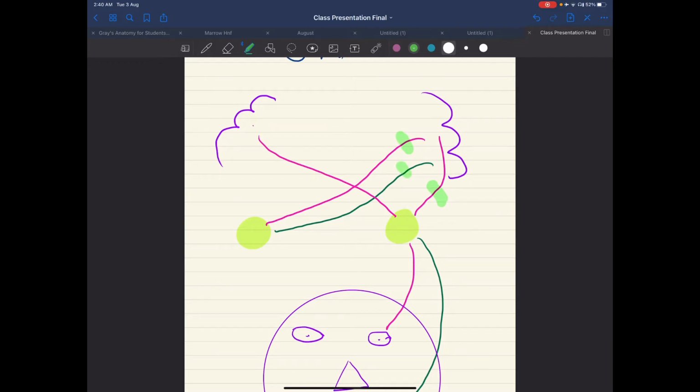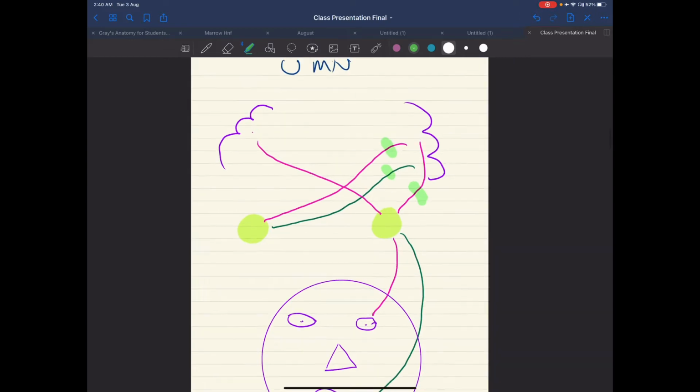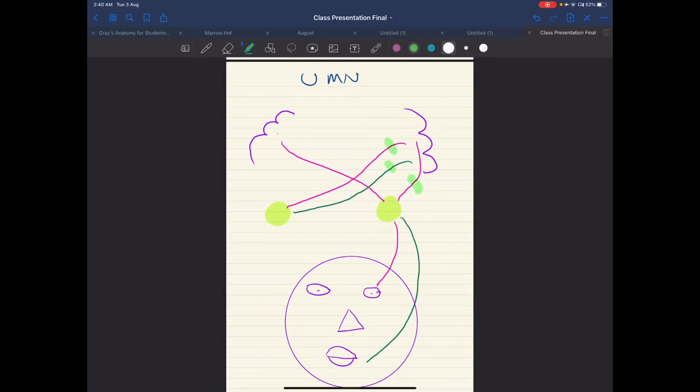Okay, all of this is lost. So what are all of these supplying? The pink one in this case is for the upper part of the face, and the green one is for the lower part of the face. Let me just draw another green one for the lower part of the face. Now just look at what all they are supplying and what part is injured.